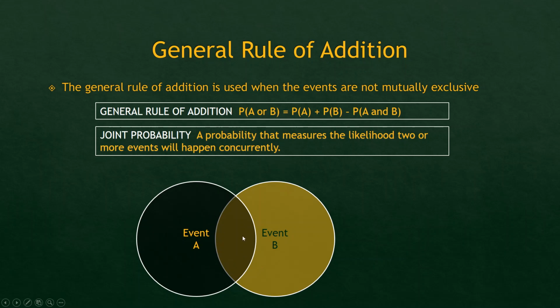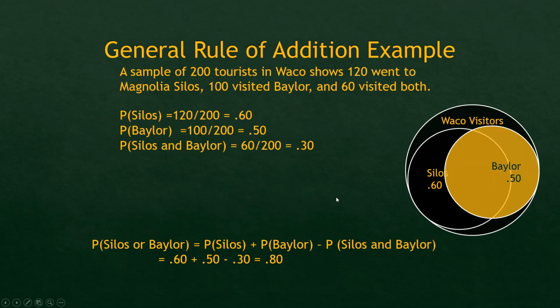This is joint probability, the probability of both of them occurring, even though they're separate events, of both of them occurring.